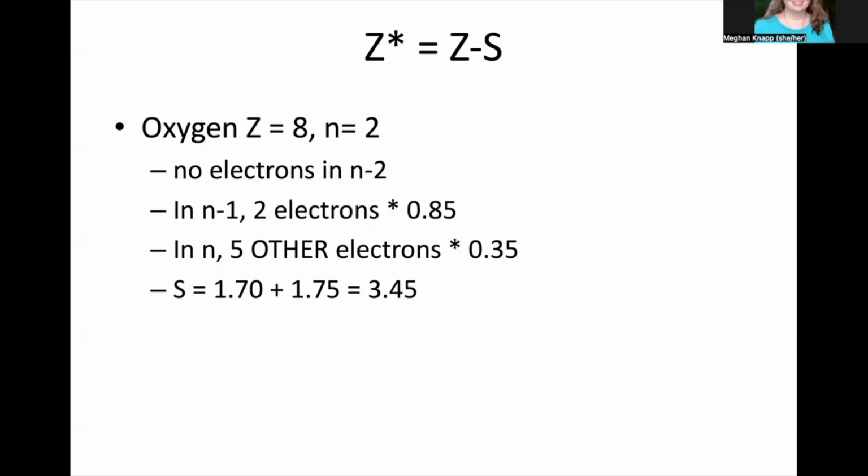That is my S. That is how much shielding all the other electrons cause on one of the valence electrons. So the effective nuclear charge, Z star, is going to be 8 minus that. So 8 is Z, the nuclear charge, 8 protons, minus 3.45. That means in a neutral oxygen atom, the electrons aren't feeling the full 8. They're feeling a pull of about 4.55.